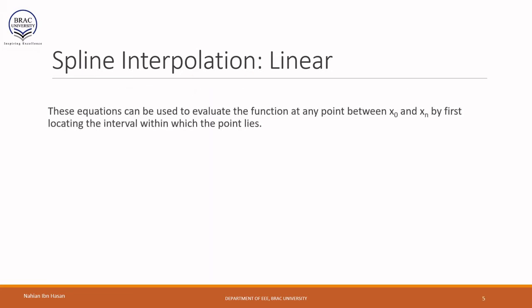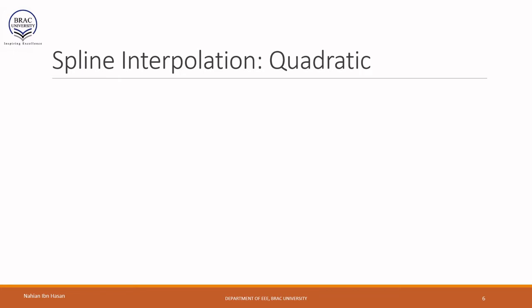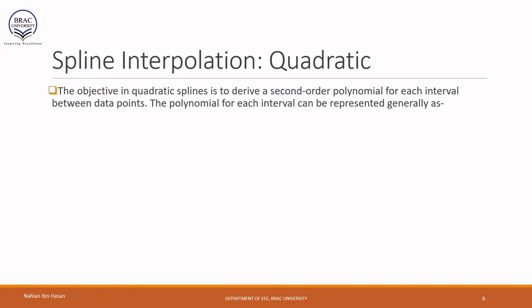But what about the other interpolations? If we want to determine, say, quadratic interpolation or cubic interpolation, that means if I want to increase the order of the fitted curve between each interval, what would those cases look like? For example, let's say I want to fit a quadratic interpolation between each interval. Then the curve would look something like this: f of x equal to a x square plus b x plus c.